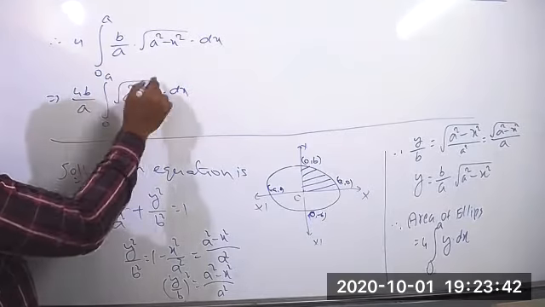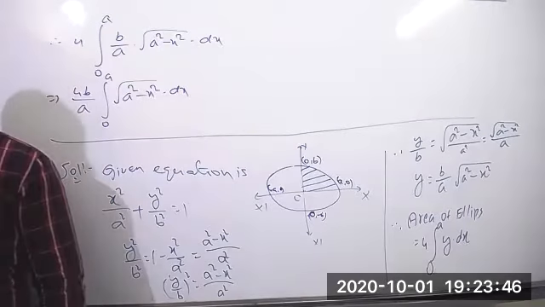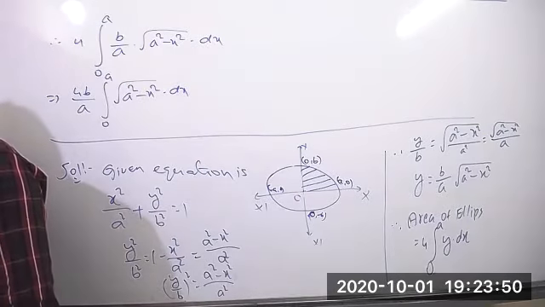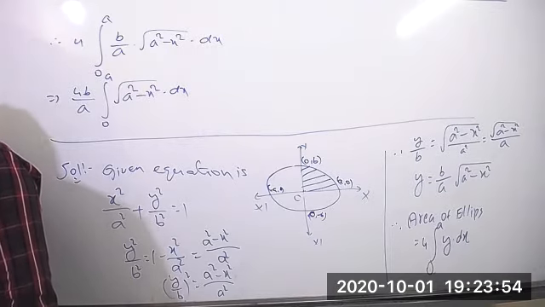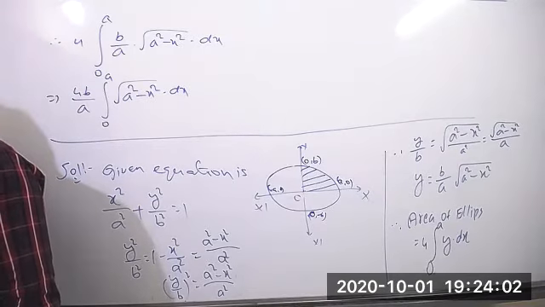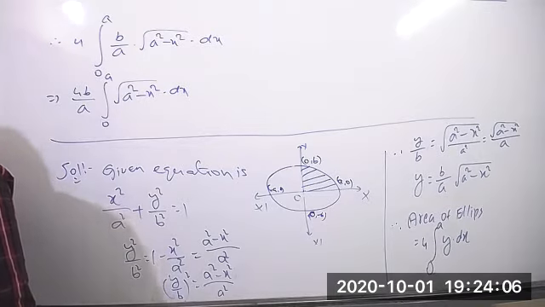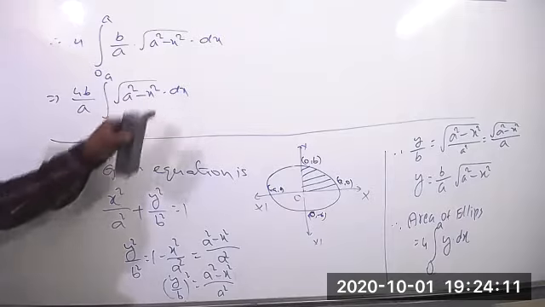Now tell me the formula for root of a square minus x square. What is the formula we have? x by 2 into root of a square minus x square, plus a square by 2 into sin inverse of x by a.